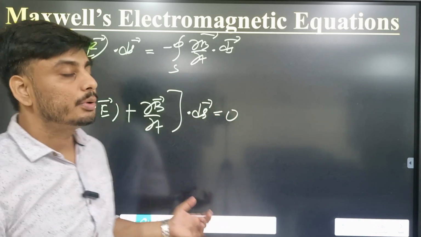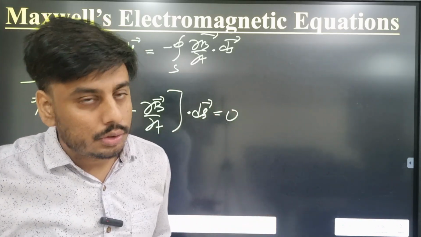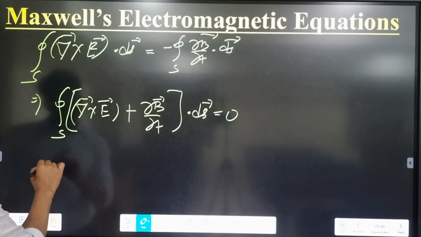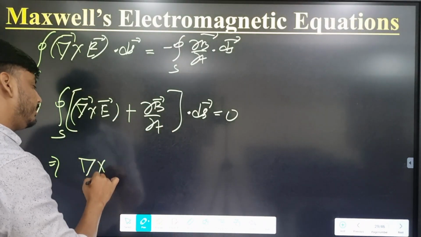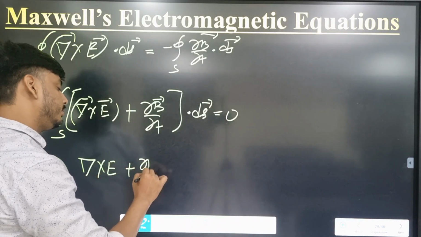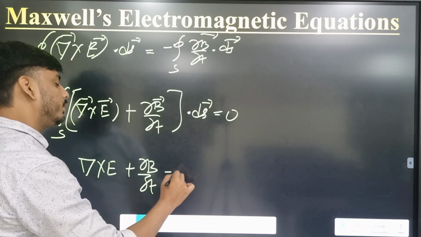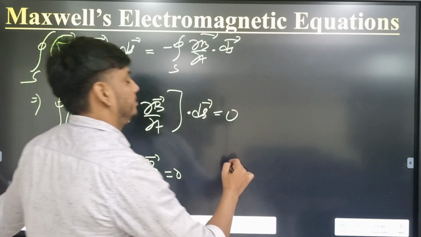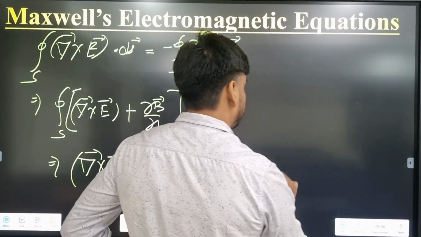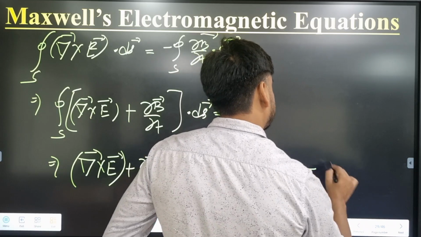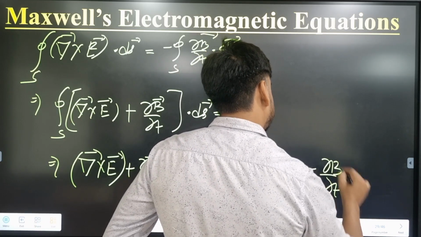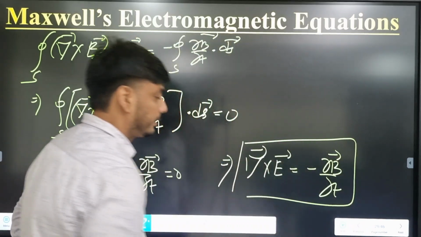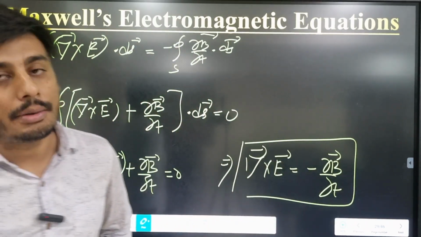Since the integral is 0 for any surface, the quantity itself is 0. So del cross E plus del B by del t equals 0, and A plus B equals 0 means A equals minus B. So del cross E equals minus del B by del t. Now we have proved equation number 3, the third Maxwell's equation.